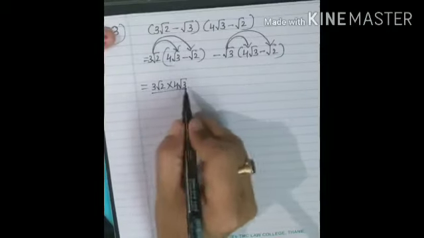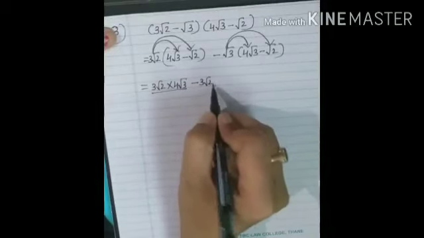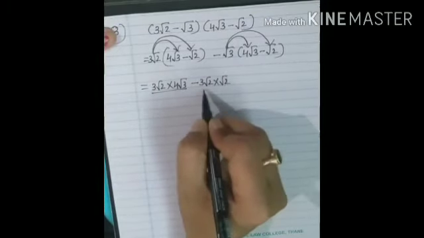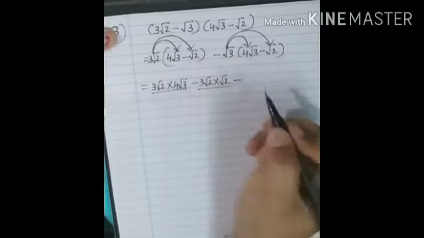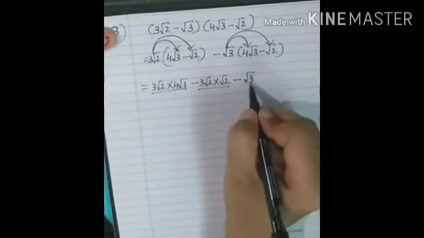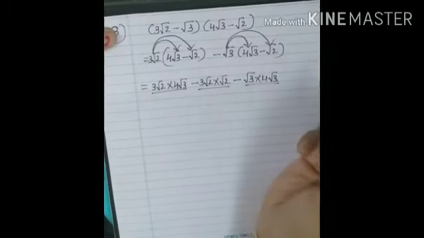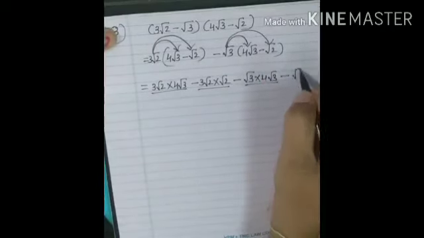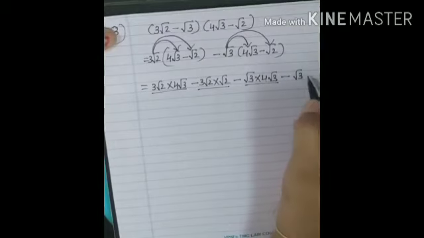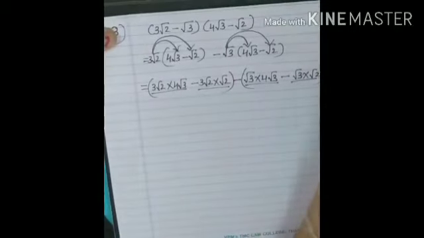Okay, we have to multiply these two. What sign is there? Minus 3 root 2 into root 2. We have to multiply these two terms. Now children, what sign is there? Minus. Root 3 into 4 root 3, underline. What sign is there? Minus. So, root 3 into root 2. Put in one bracket and this is also put in one bracket.